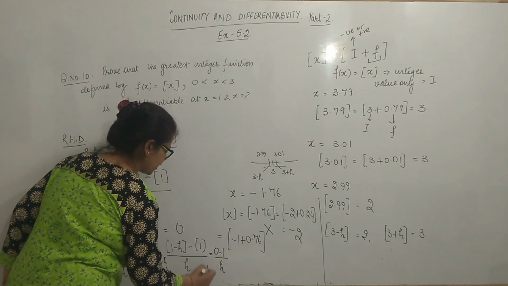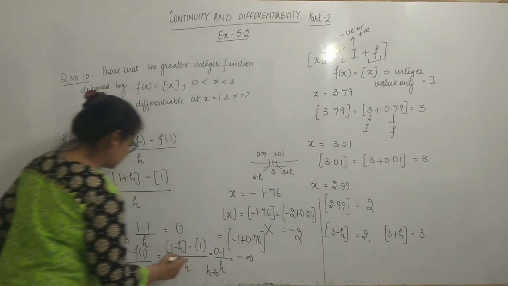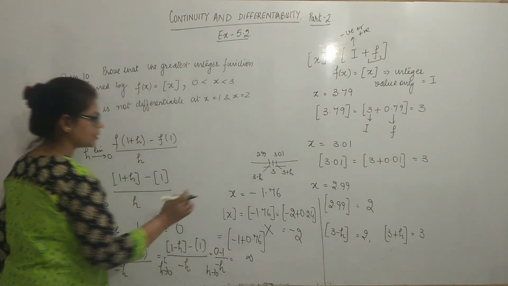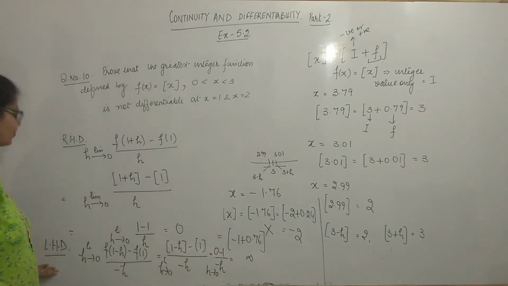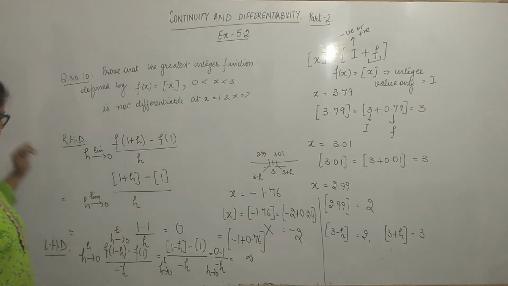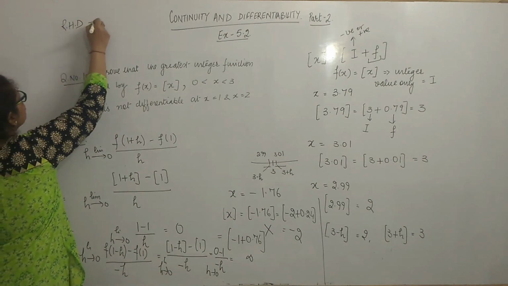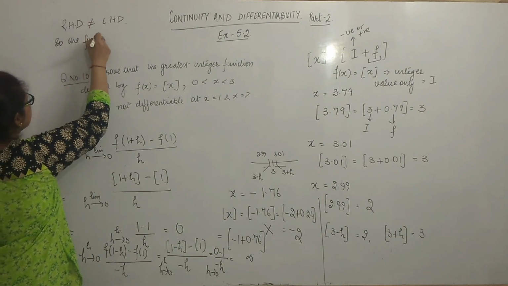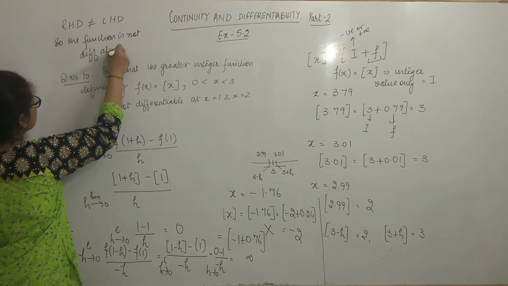Minus 1 upon h, as h approaches 0, comes out minus infinity, and here is a minus sign, so it comes plus infinity. Minus minus cancel out. This limit does not exist, so the left hand derivative does not exist. Anyway, we can say the right hand derivative is not equal to the left hand derivative. So the function is not differentiable at x equal to 1.